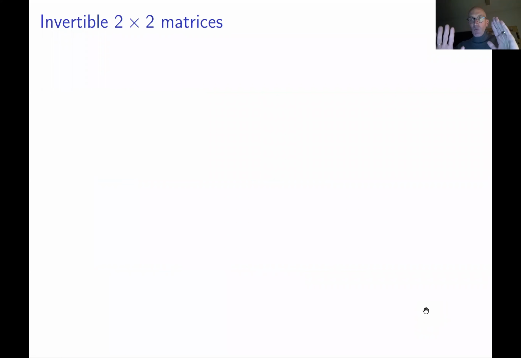Okay, let's consider one very explicit example, 2 by 2. 1 by 1 is just numbers, so this is maybe not very interesting. 2 by 2 is the first new example. In this case, we can say everything about invertible matrices. We can actually find a formula for the inverse of every matrix.